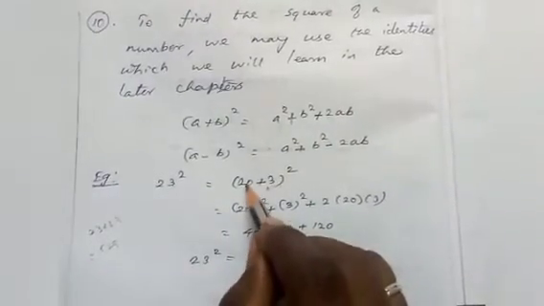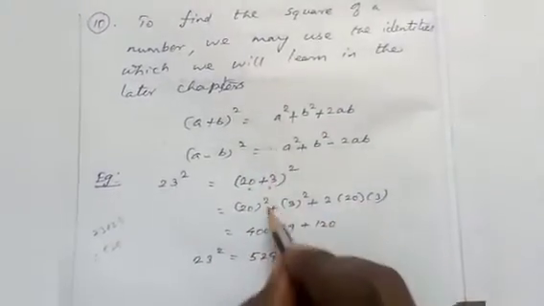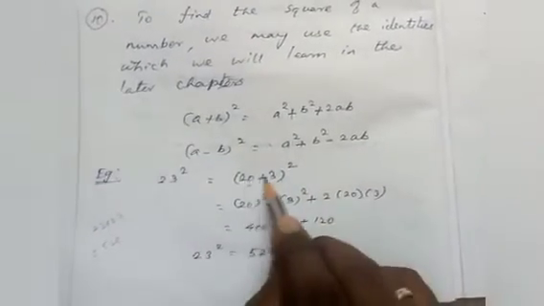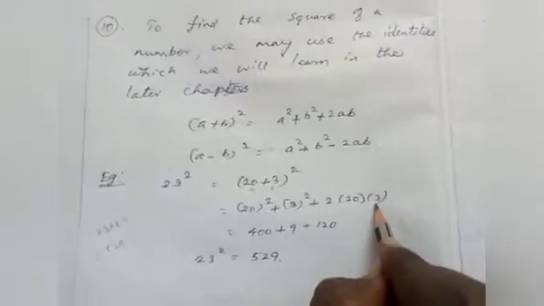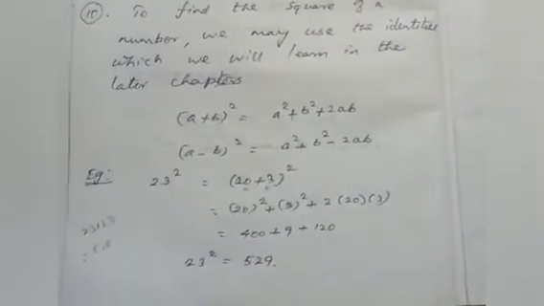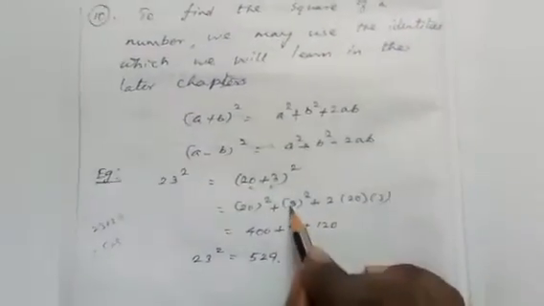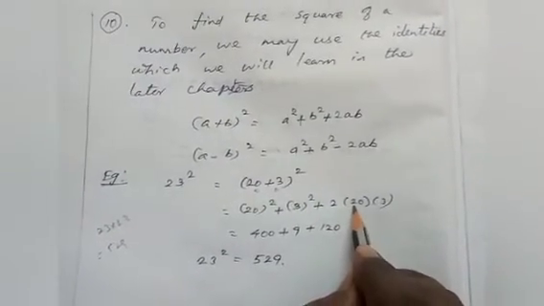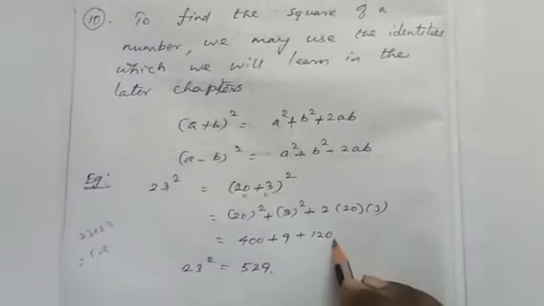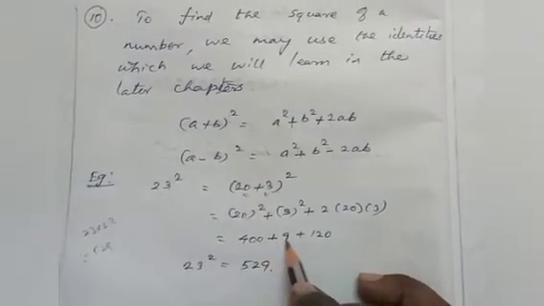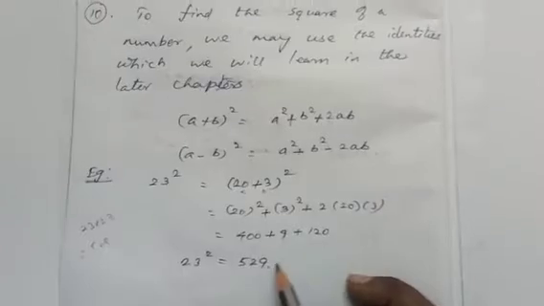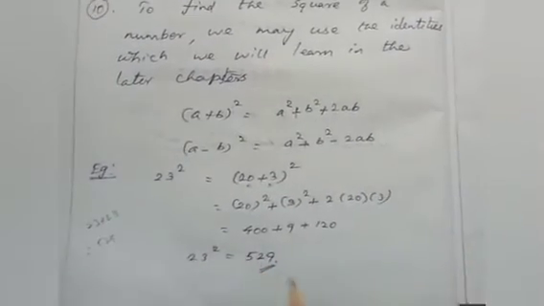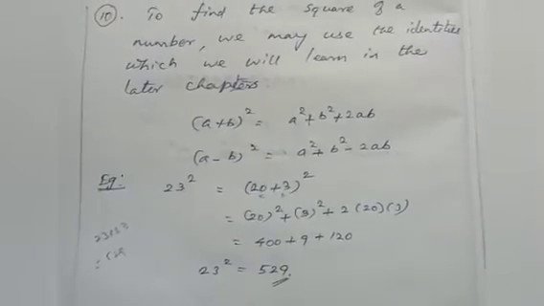Here a is 20, so 20 squared, and b is 3, so b squared is 3 squared, plus 2 into a into b, 20 into 3. 20 into 20 is 400, plus 3 squared is 9, plus 2 into 20 is 40, 40 into 3 is 120. So 400 plus 9 plus 120 is equal to 529. So 23 squared is equal to 529.